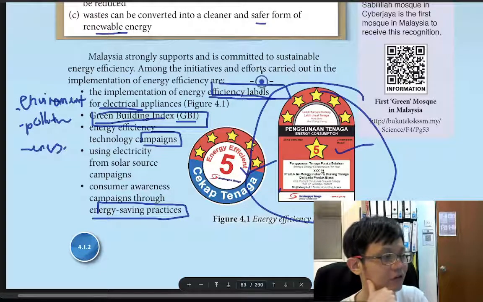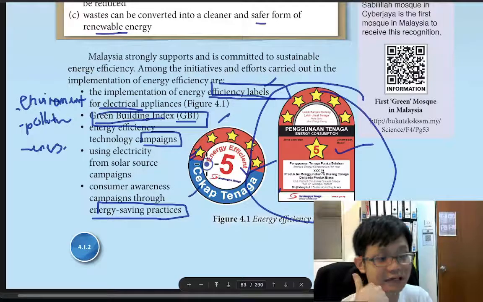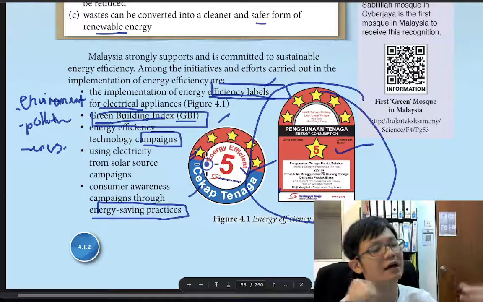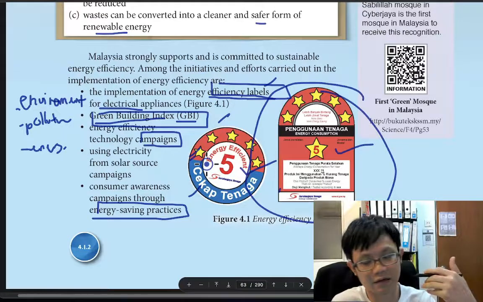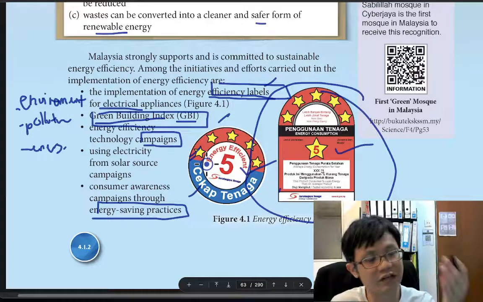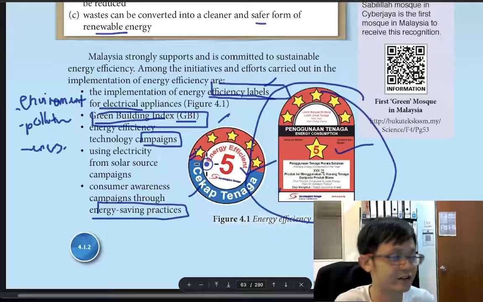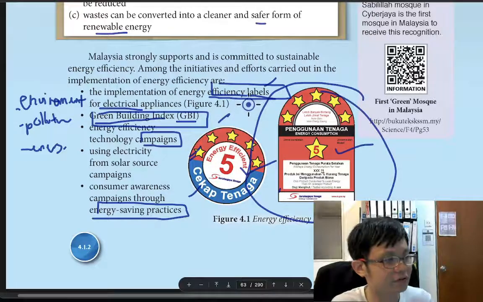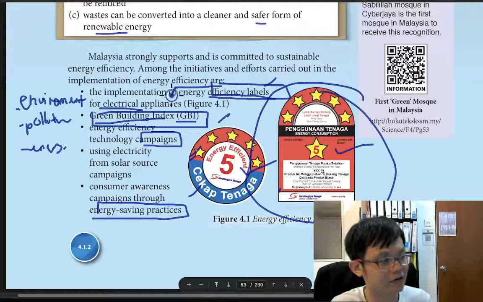So you need to know some points. When you write your essay, you can just write all the science things. You just say that the country should make it compulsory for all electrical companies to use energy efficiency levels.